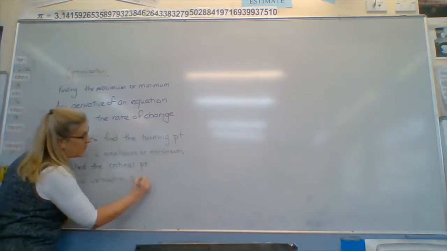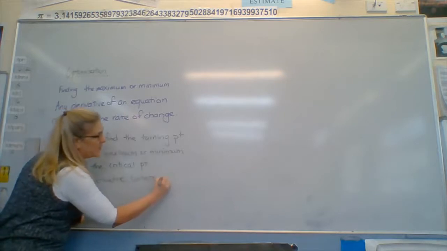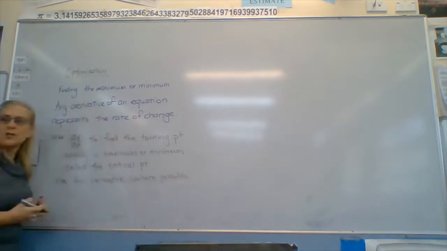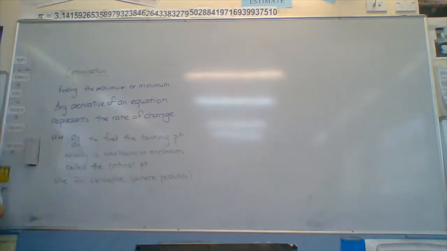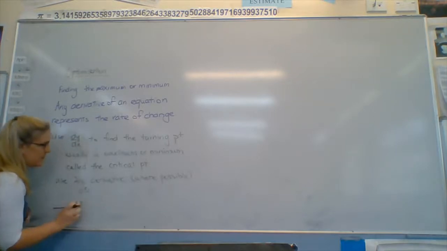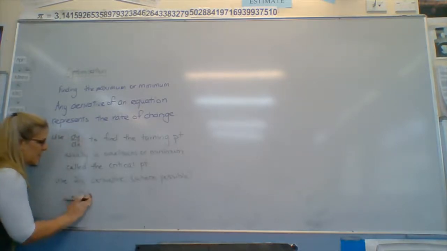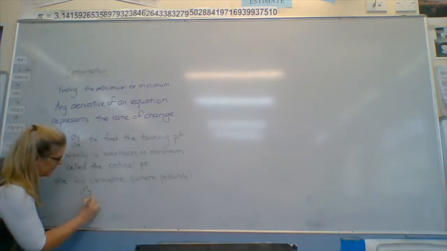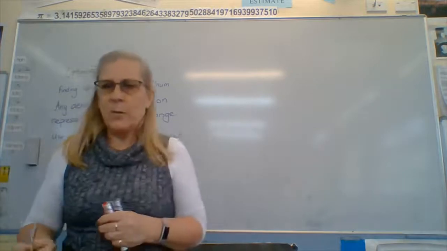Can I just say where possible? Because sometimes when we've differentiated the first time, we get something that's so revolting, we don't want to differentiate again. So where possible, we use the second derivative test, d squared y by dx squared. Is that right? One goes in the middle.